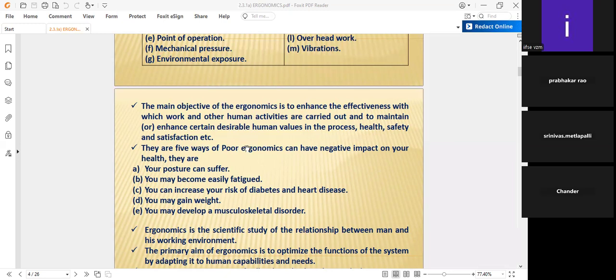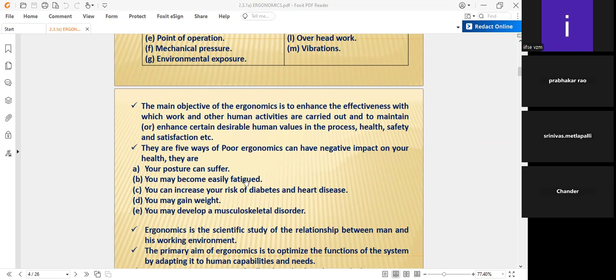Like this, ergonomics should not be poor. We have to see that it is not allowed. That is poor ergonomics. If the posture is not good, definitely the negative impact is there.